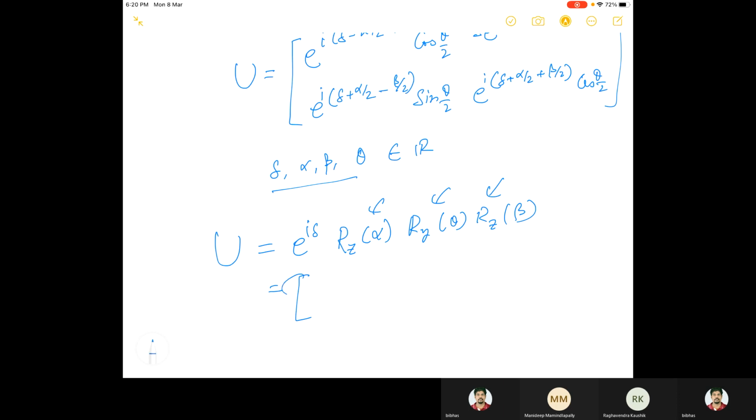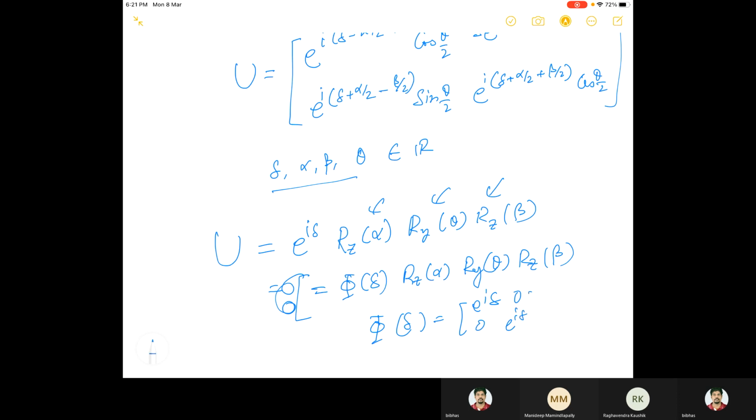Or let me give you a notation: this is some phase, phi delta, and then remaining the same thing, Ry theta, Rz beta, where phi delta is nothing but the matrix with e to the power i delta, 0, 0, e to the power i delta. So everything in terms of matrices now.